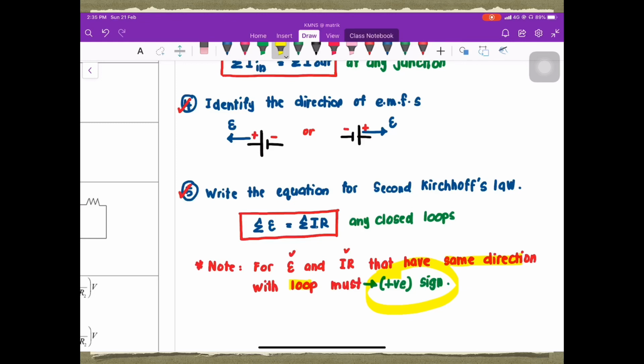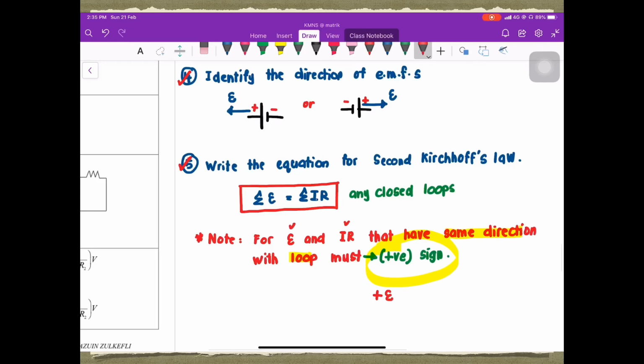Meaning, if the direction of EMF is the same as the direction of the loop, it becomes positive EMF. Same with the product IR: if the product of IR is in the same direction as the loop, it becomes positive IR.